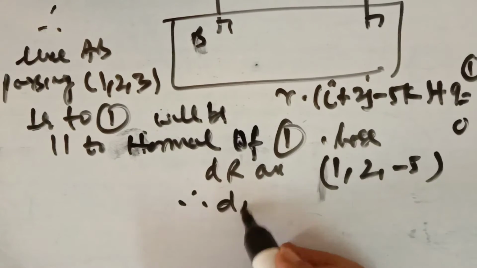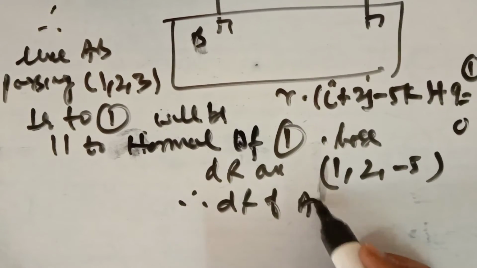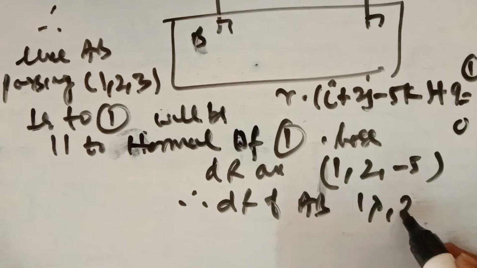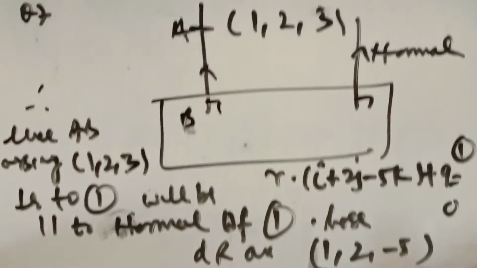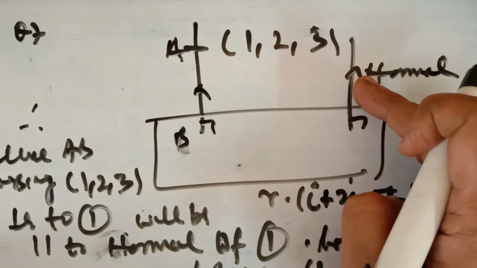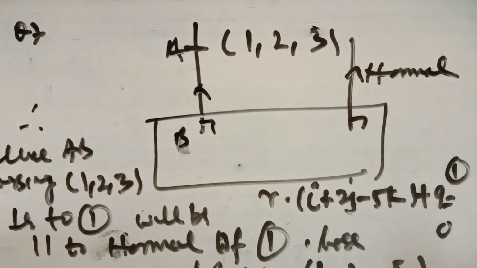So therefore direction ratio of the AB will be equal to 1 lambda, 2 lambda, minus 5 lambda, because when a line is parallel to a given vector, then its direction ratios are proportional.